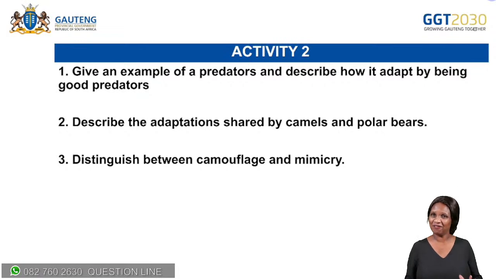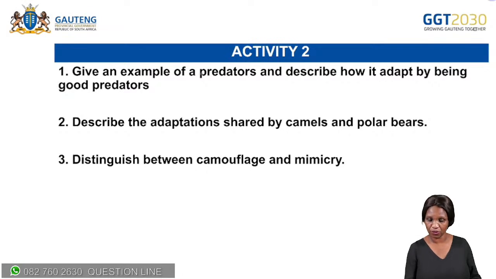We've got activity 2, which I want us to start writing on. We are going to write it for 3 minutes. But now let's read the questions together. Question number 1 says, give an example of a predator and describe how it can adapt by being a good predator.